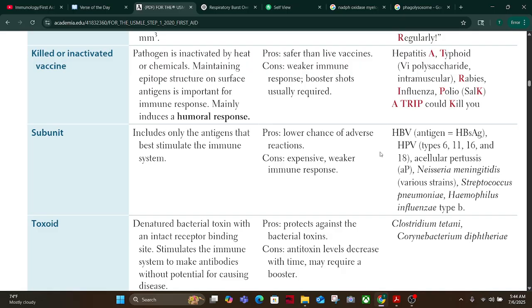Anti-HBs antibodies neutralize hepatitis B virus by binding to HBs antigen, preventing the hepatitis B virus from entering the liver cells. I'll say it again.